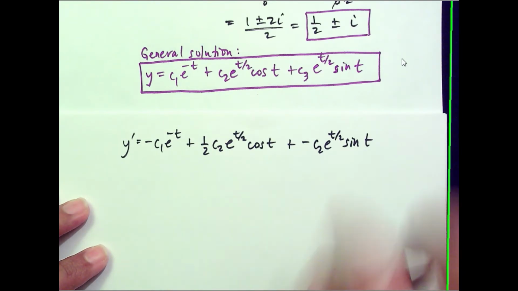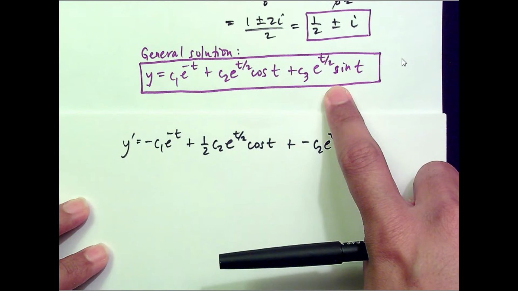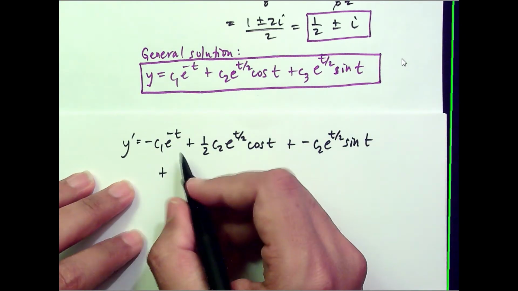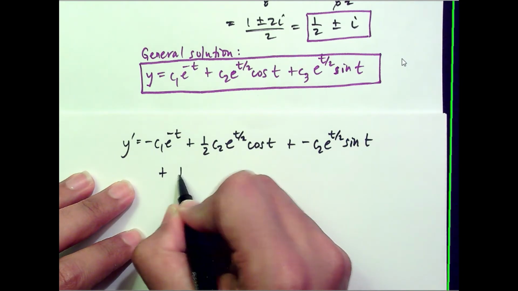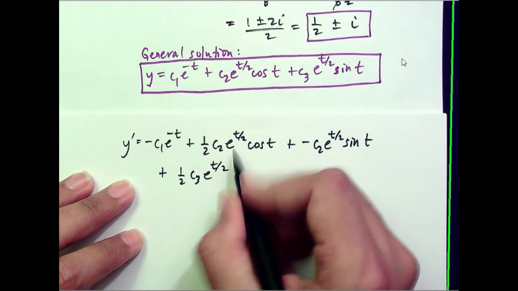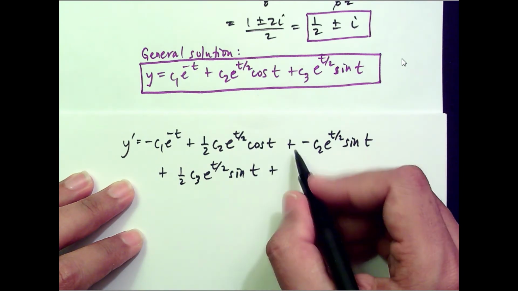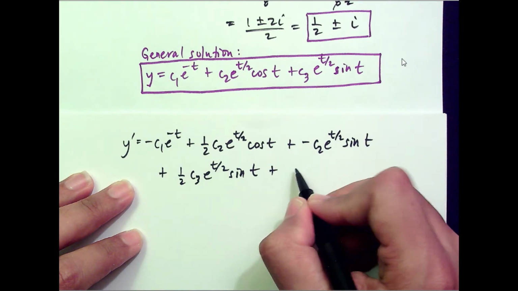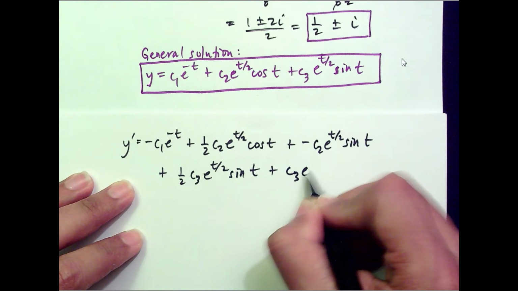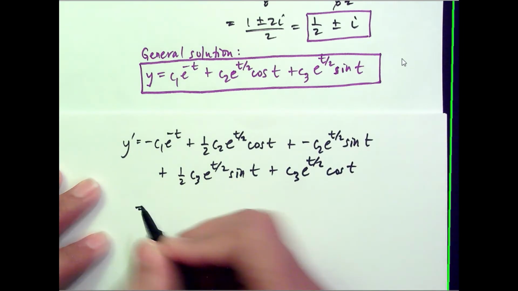And now we have to find the derivative of this term, and that's again another product rule. So this is going to be plus the derivative of the first, which is going to be 1/2 c3 e to the t over 2 times the second, plus the first times the derivative of the second. The derivative of the sine is cosine, so it's going to be plus c3 e to the t over 2 cosine. And then we simplify this.